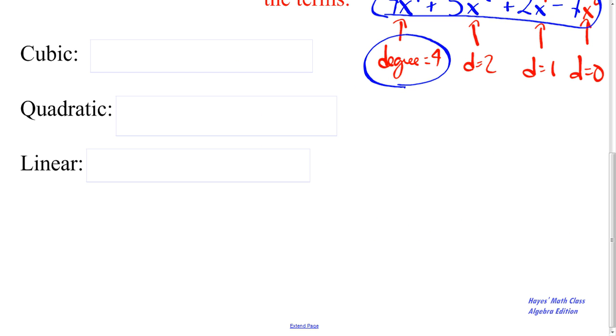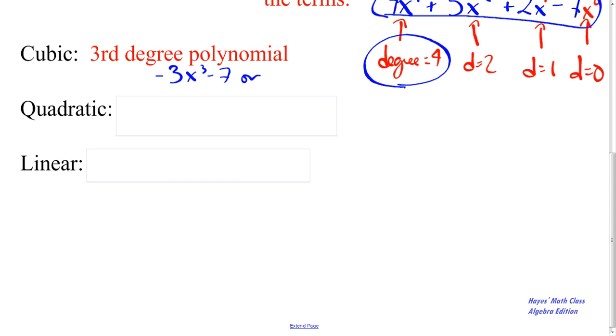So anyway, a couple of specific names, much like how we have the trinomial and the binomial and the monomial. We have a cubic equation. If you have something of degree 3, it is going to be cubic. It can be of any size. I could say negative 3x to the 3rd minus 7.